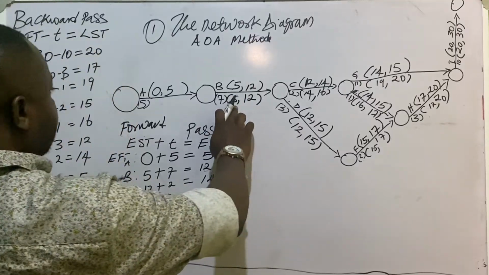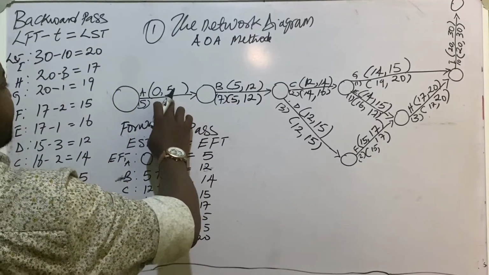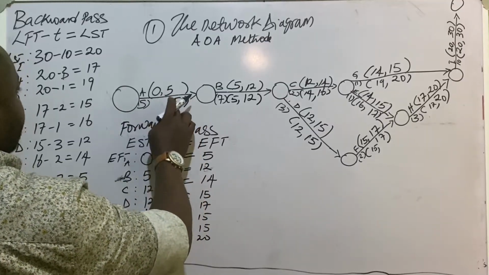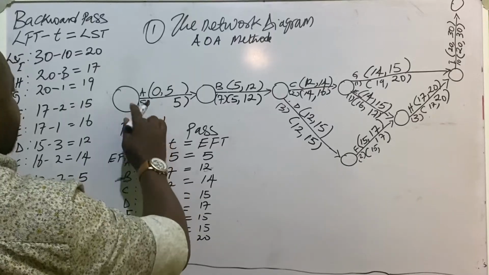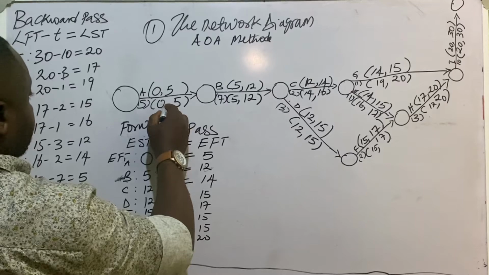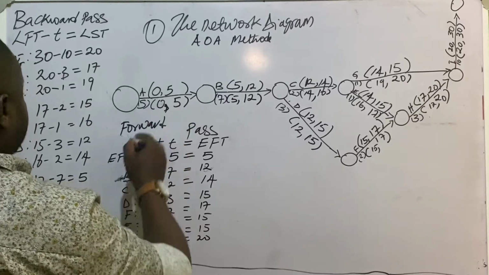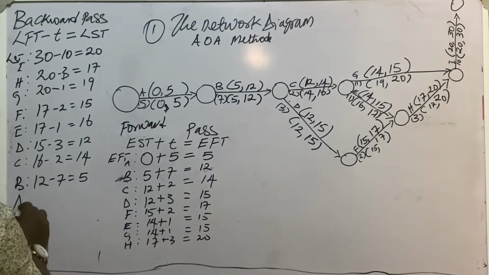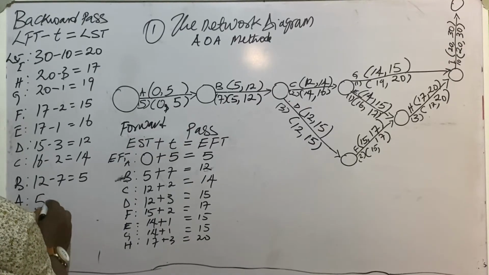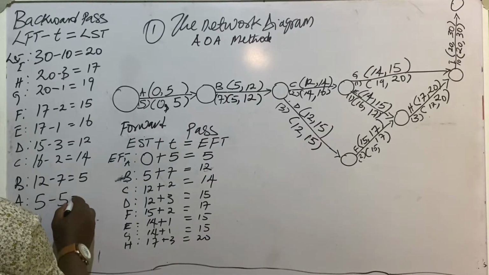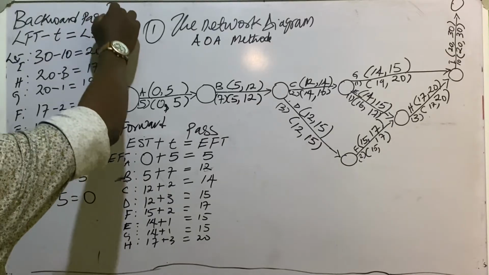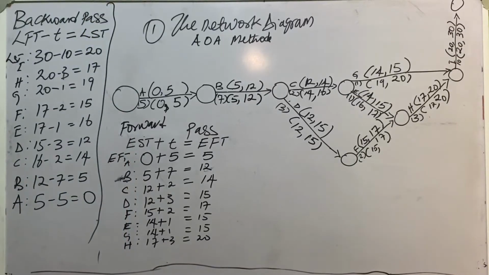The LST here, 5, will now be the LFT here, the latest finish time, which is 5. 5 minus the activity time here, we are going to have 0. So for activity A, we have 5 minus 5, it gives us 0.